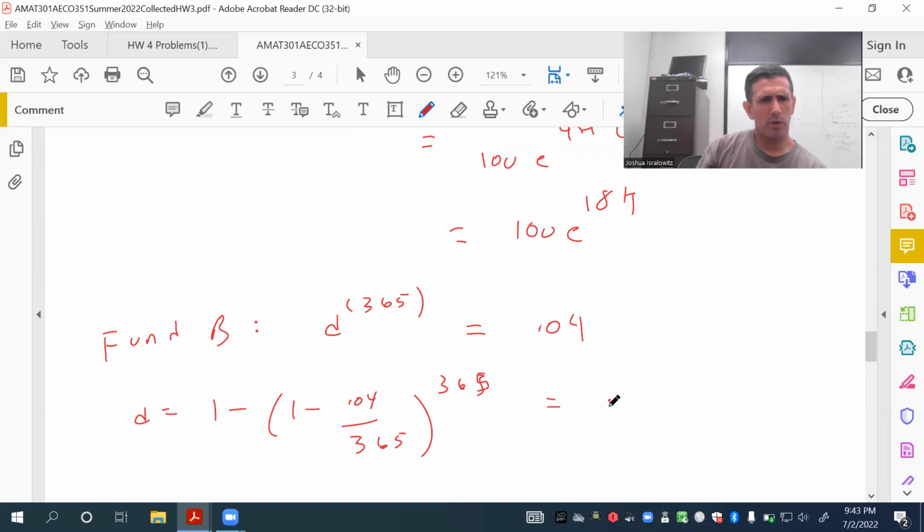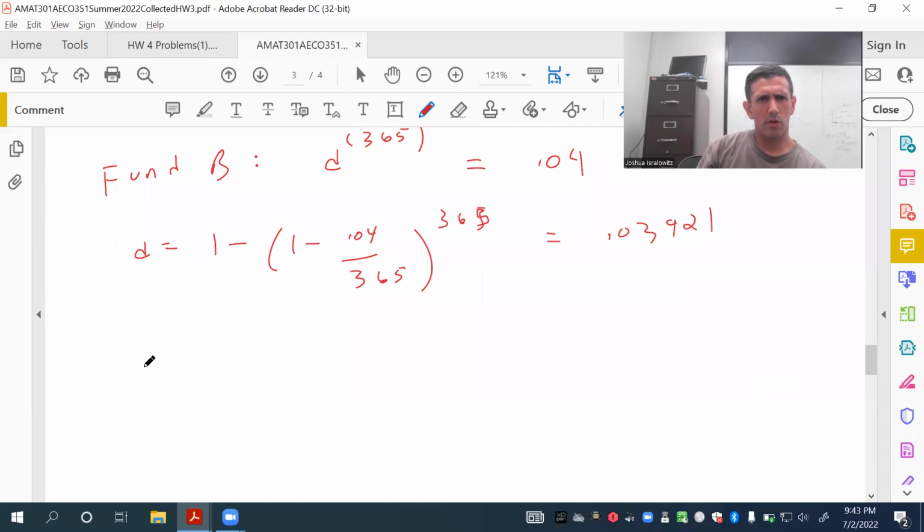And that's going to be 0.03921. So dump into your formula for i, d over 1 minus d, and you get 0.04081. It's 0.03921 over 1 minus 0.03921.